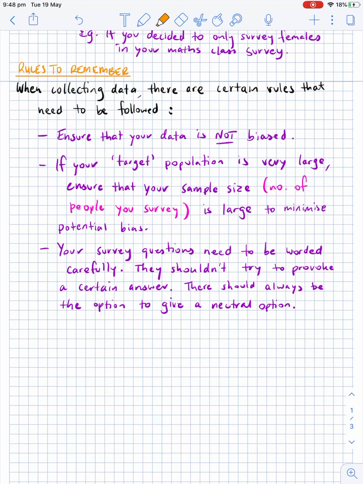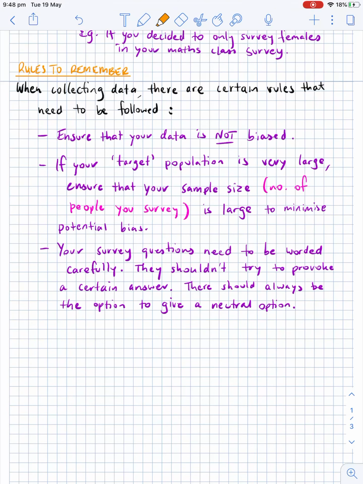The more people you survey, the more reliable it will be, because potential bias will be minimized that way. If you only survey a few people, there's the chance that you've accidentally picked too many from one group, and you haven't got representation from all the different types of people in the population. That would be considered bias. So you try to get as many people as possible.